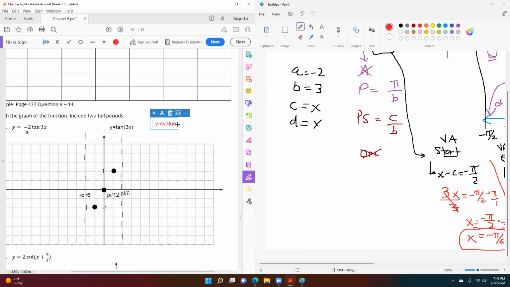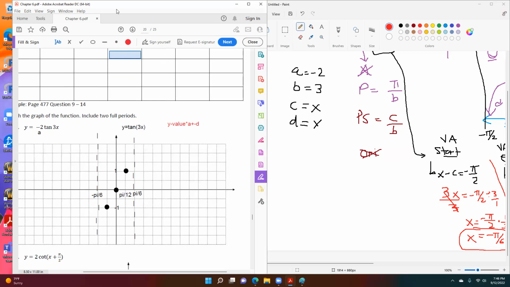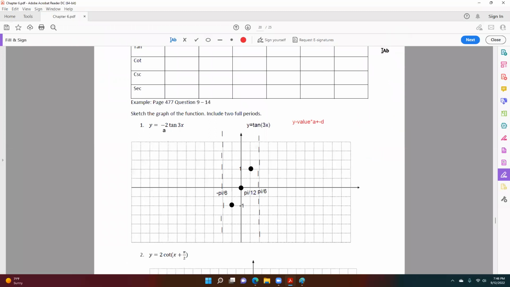Remember last time when you did your sine and cosine, you then have to add plus or minus d. Same thing in this case. So all the y values that you see here will be multiplied by a and then add plus or minus d. The good thing is there is no d here, so you have to take all the y values and multiply them by -2, because our a in this case is -2.